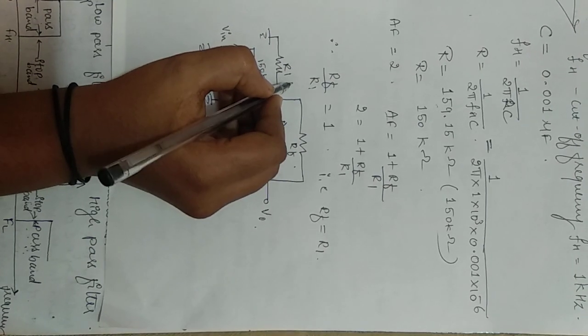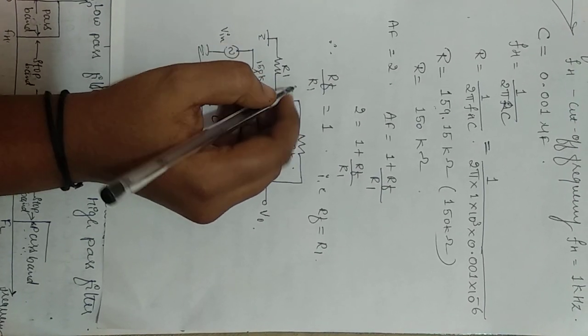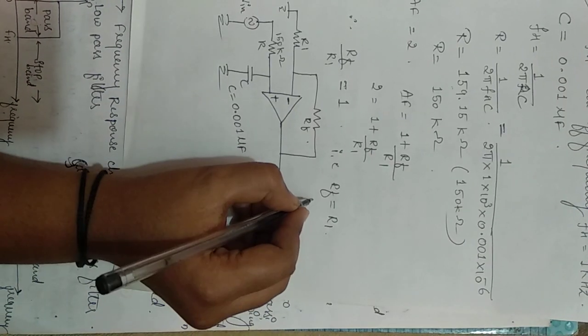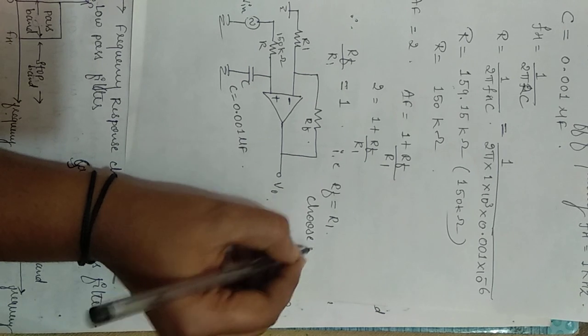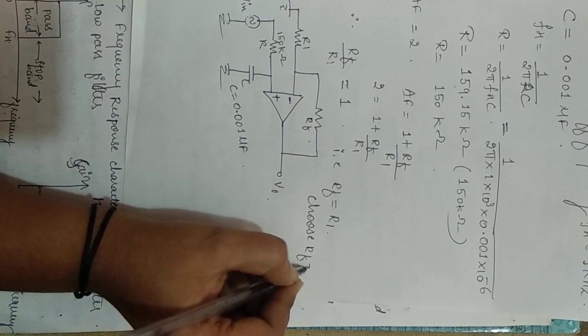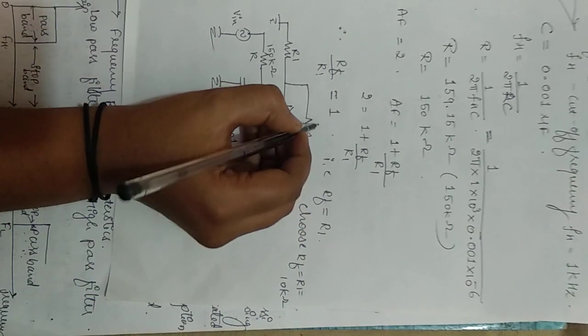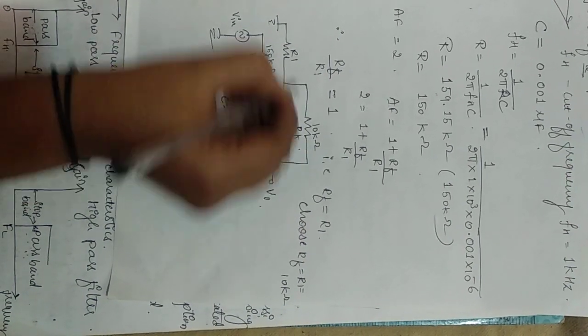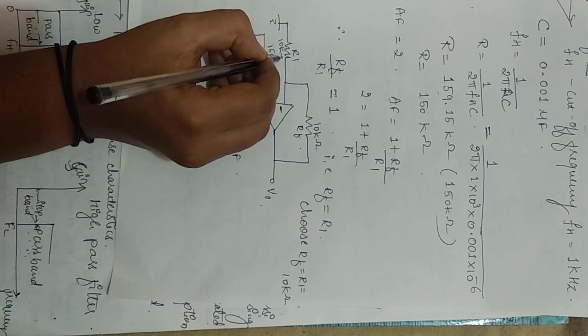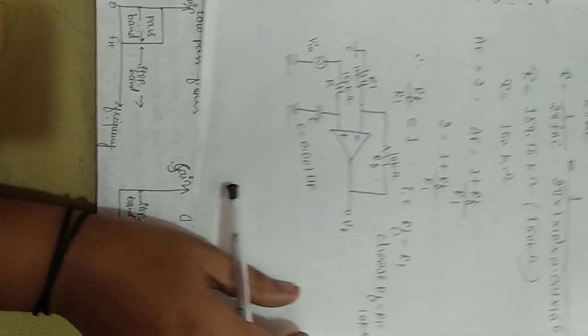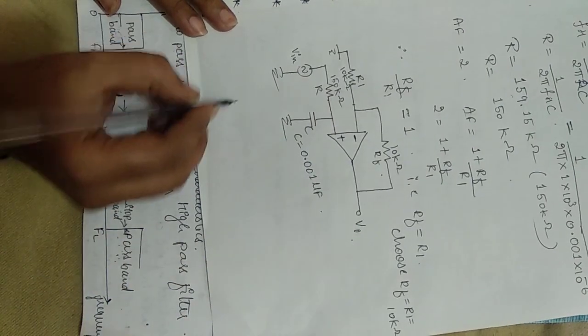For R1, instead of taking 1, choose RF equal to R1 as 10 kilo ohm. So your RF and R1 will be 10 kilo ohm. This is the design of your first order low pass filter.